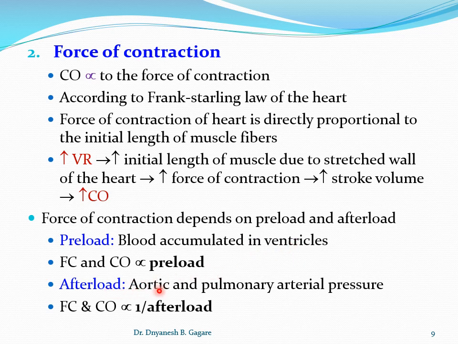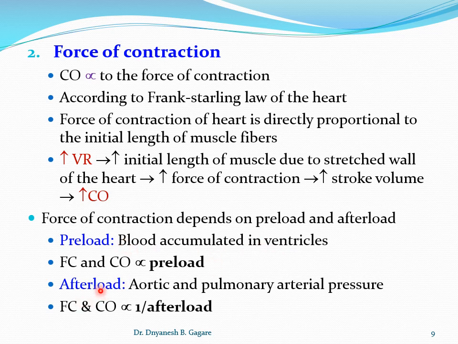Afterload means the aortic and pulmonary arterial pressure against which the heart is working. So we can say the heart has two types of load. On the heart there are two types of load: one is preload and the other is afterload. Preload means the load on the heart before the heart contracts, that is, how much blood is accumulated in the ventricle. That is called the preload.